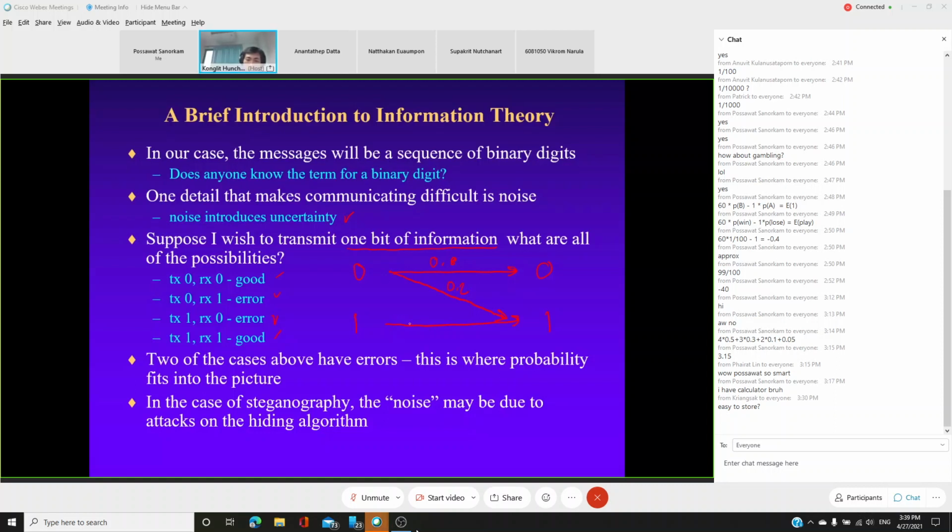Same here. You may have 70% of getting it correct when sending 1, which means the probability of error is 0.3 for sending a 1.